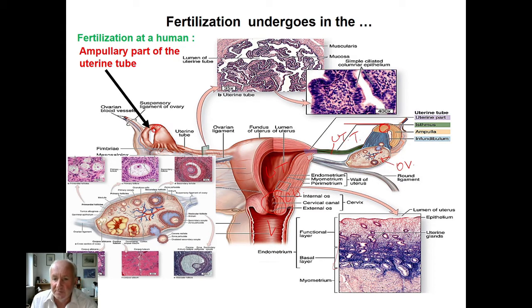The uterine tube is a tube at a human long, around 8-9 centimeters, with 4 basic parts. This part in the wall of the uterus is pars uterina. This green is isthmus tubae uterinae, and the yellow is the ampullary part, ampulla of the uterine tube.